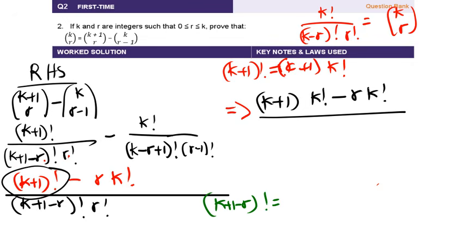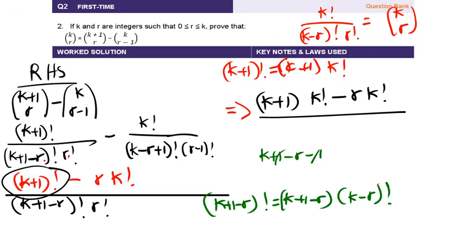We want to reduce it by 1. So it's going to be k plus 1 minus r, leave it like that. Then the next one you are subtracting 1, so this guy minus 1, that 1 and 1 will cancel. So you are going to have k plus 1 minus r minus 1. So this and this will cancel and you remain with k minus r. Now we have decided to end here, we put a factorial. That's what we're going to have.